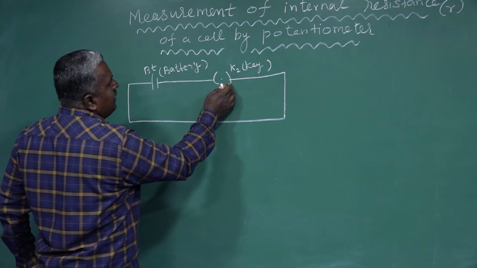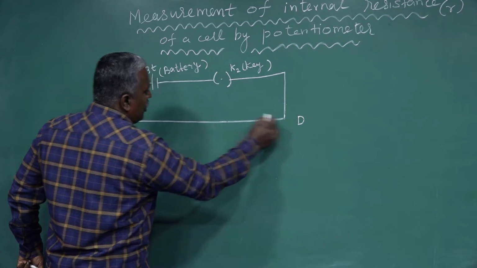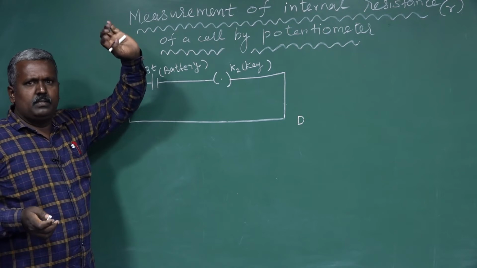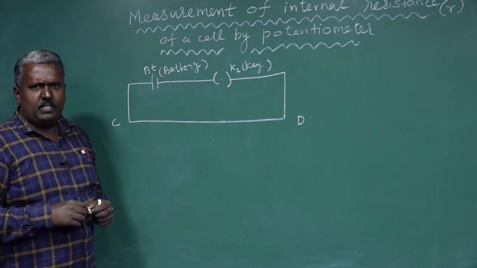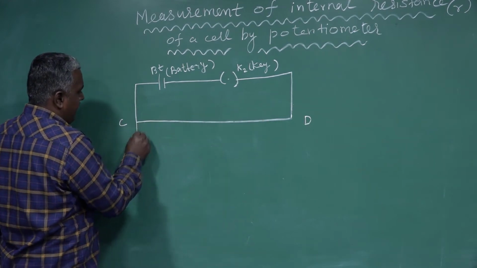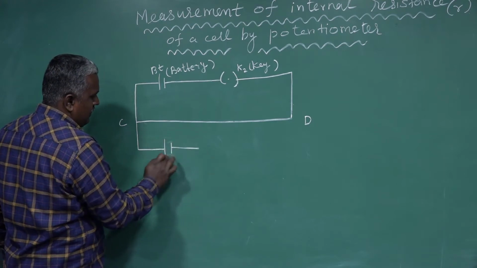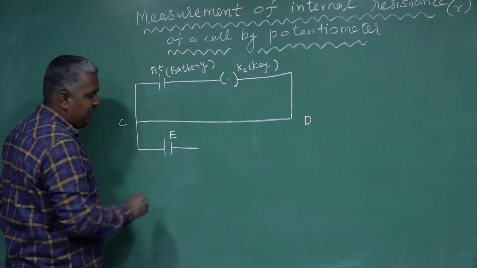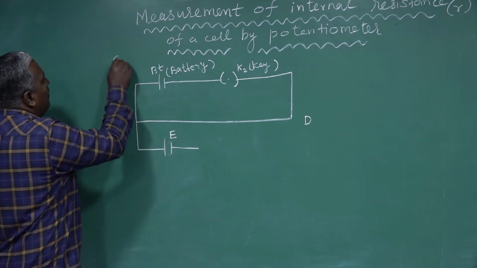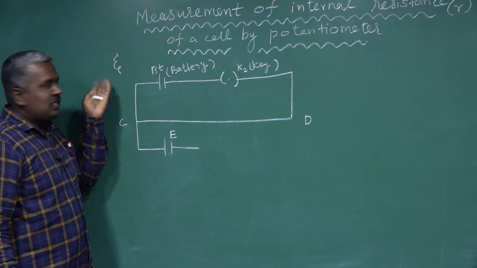Battery, key K2, and this is the potentiometer. Already you have studied about this, the large size wooden box. Remember or not? Okay. This is the potentiometer and this is the cell. Its EMF is capital E. But in your textbook it is given like this; don't use it like this.